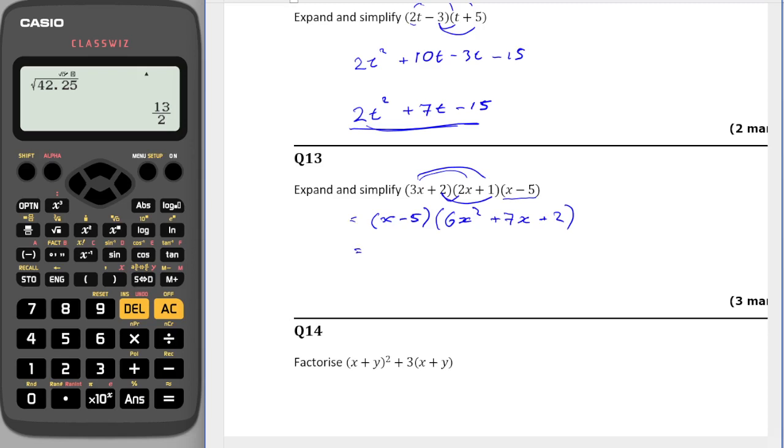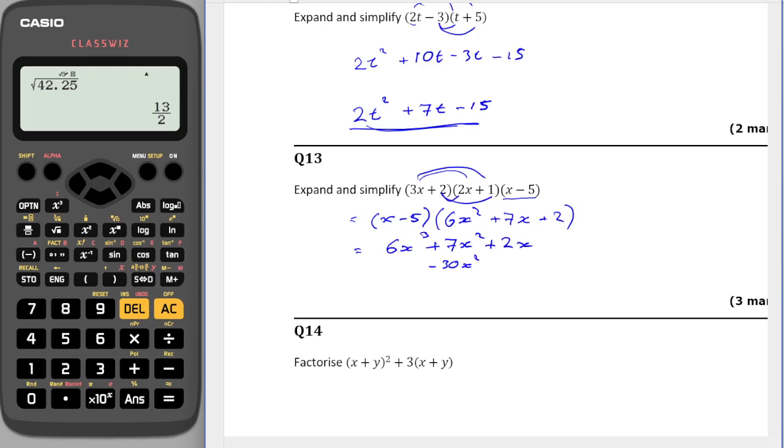I will expand my first term, so that's going to give me 6x cubed plus 7x squared plus 2x. And then when I multiply by minus 5, I'm going to line up by my powers of x. So minus 5 times 3 is going to be minus 30x squared, and I'm writing my x squareds underneath my other x squareds.